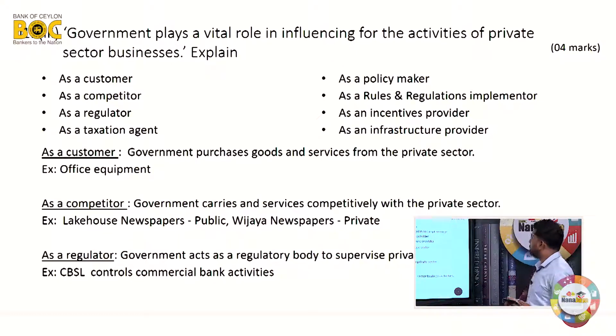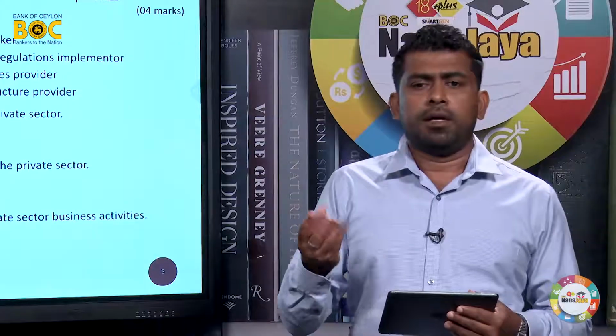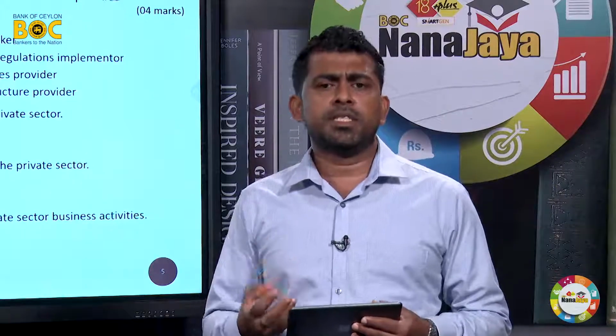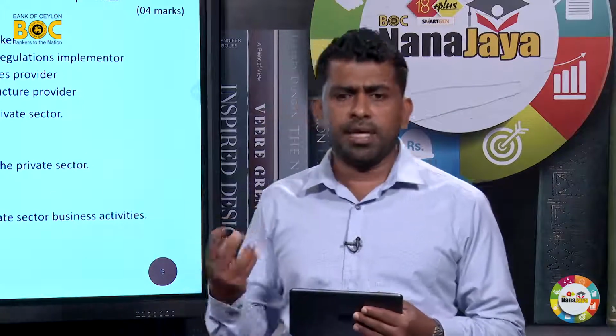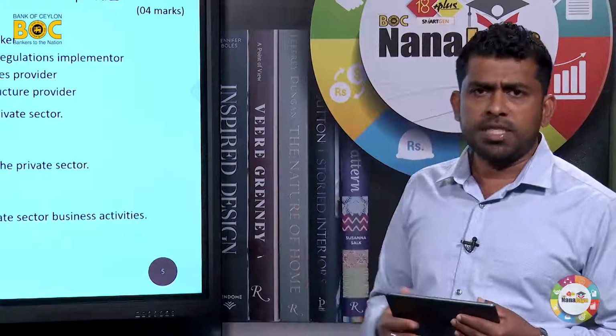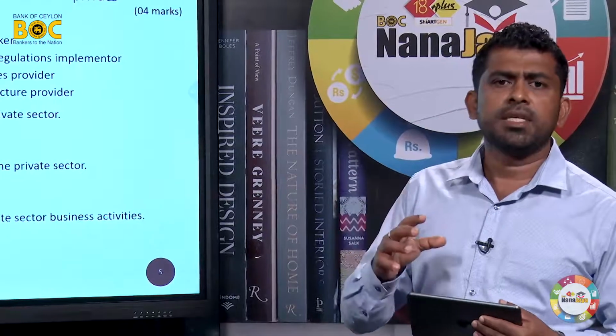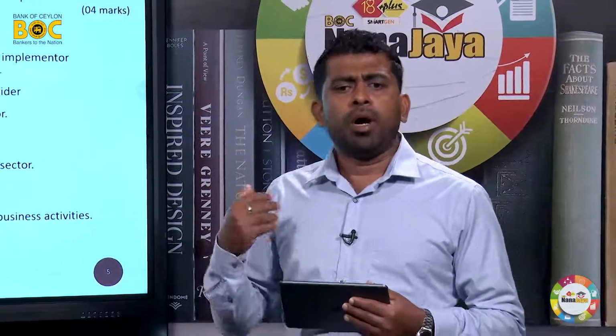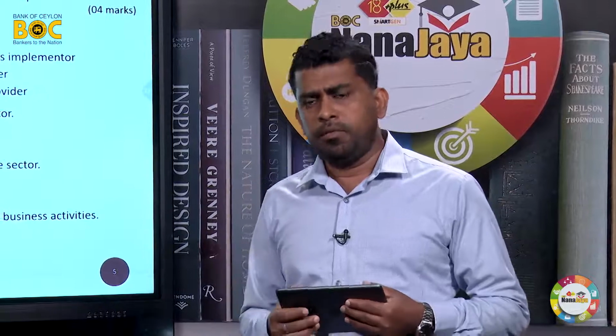As an incentive provider, government provides different services, consultancy services, technological services, market facilities, financial facilities for the smooth run of business activities, as well as to influence or motivate private sector businesses.